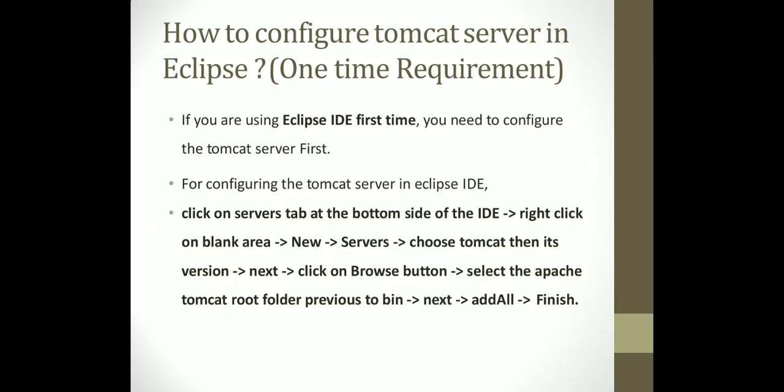Then how to configure the Tomcat server in Eclipse, that is a one-time requirement only, that we have seen. If you are using the Eclipse IDE for the first time, you need to configure the Tomcat server first.